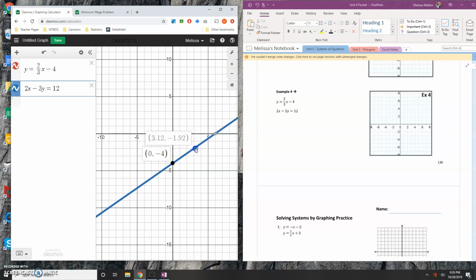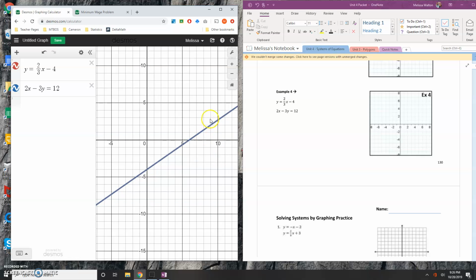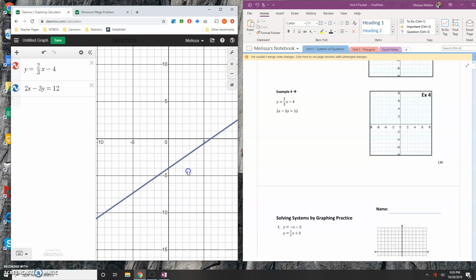We also have the point right here, 2.37, negative 2.42. We have 6, 0, x equals 6, y equals 0. We've got 9.05 and 2.033. Now, you could spend the rest of your life listing out every single one of these solutions, or we could just say this: in this one, there are infinitely many solutions.